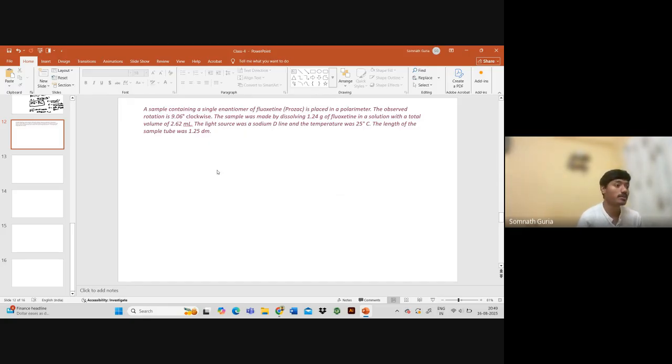The sample was made by dissolving 1.24 gram of fluoxetine in solution with a total volume of 2.62 ml, and the light source was the sodium D-line, which is around 589 nanometers, and the temperature is 25 degrees.